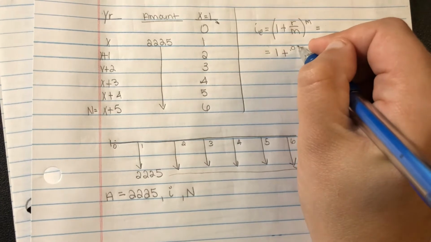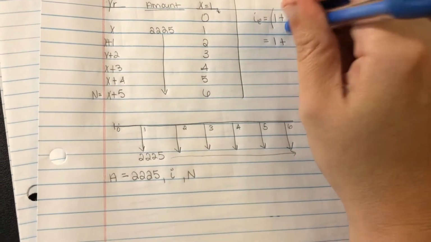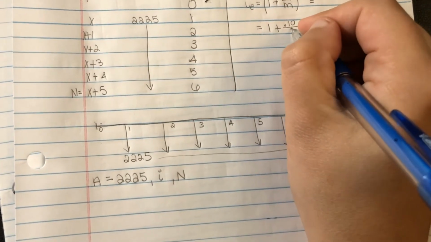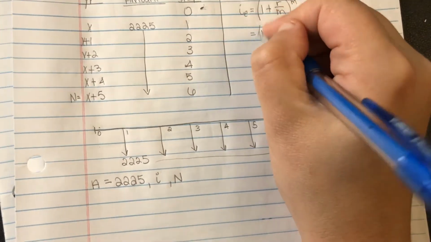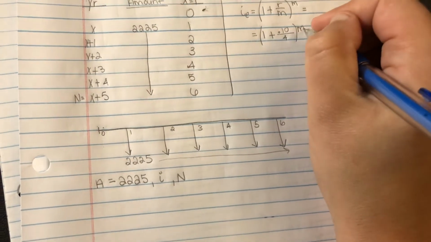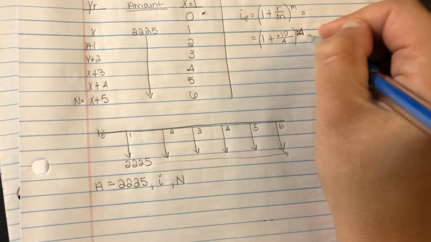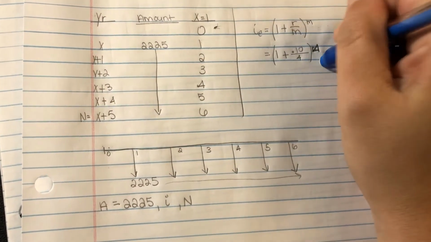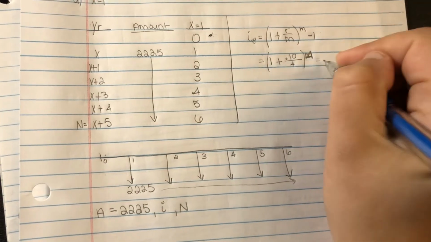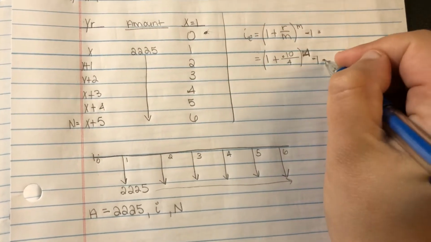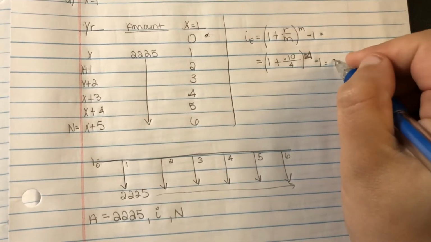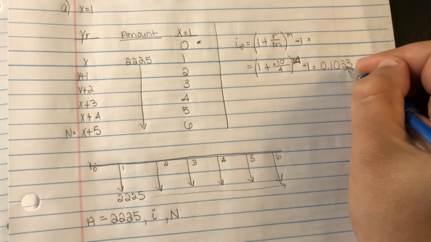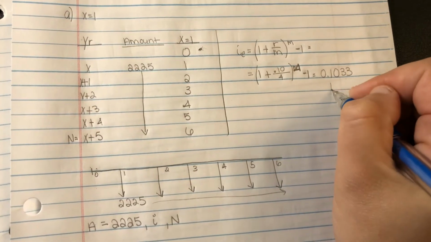And it's 10%, and M is 4 because it's quarterly. That comes up with the effective interest rate, which is 10.38%.